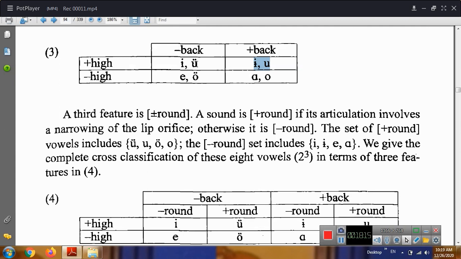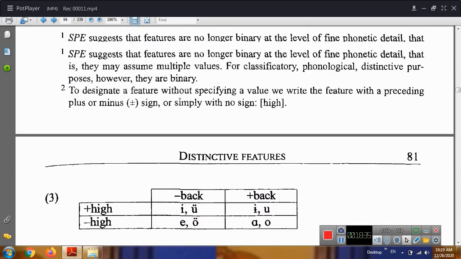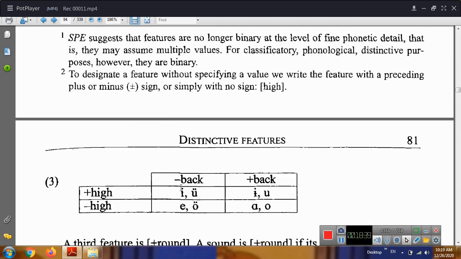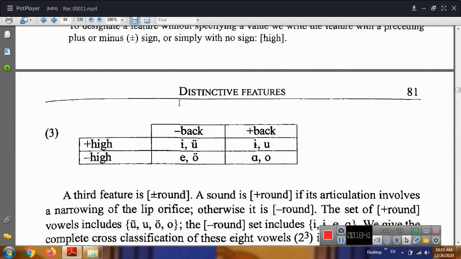sounds, E and U. And when we ask what are the minus high sounds in Turkish, we say that we have 4 minus high sounds, E, U, A, O. Okay, for minus back it is the sounds.